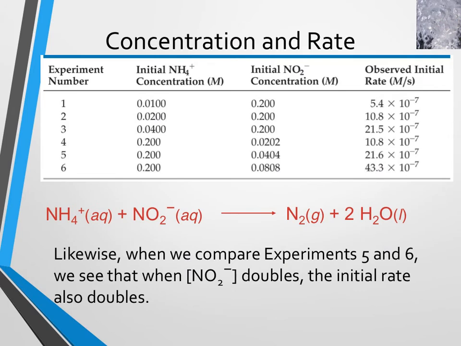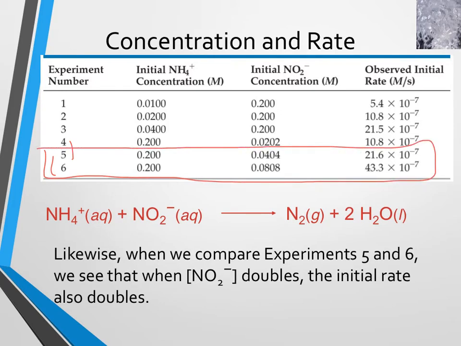If we compare experiments, actually we could compare experiments 4 and 5 or 5 and 6. So looking at experiments 5 and 6, where we hold the concentration of ammonium constant, you can see if we double the concentration of the nitrite ion, what happens to the rate?